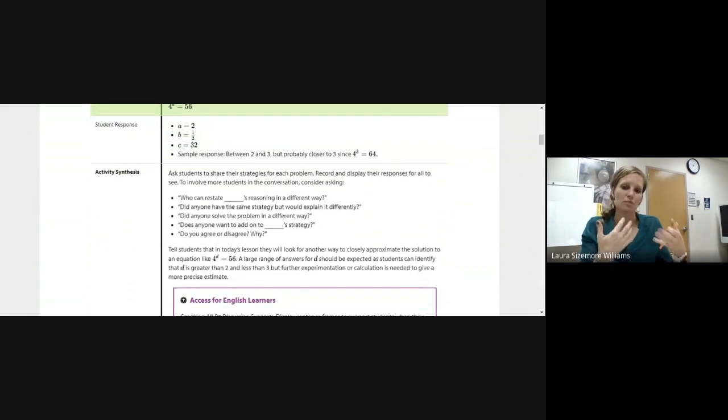But if you just follow the warm up, the launch, and the activity synthesis, it tells you specifically how to do it, presenting one number at a time, scaffolding for our EL learners or students with disabilities by giving them stickies if they're struggling with working memory and remembering all four numbers. And then questions that you can ask as a teacher to increase engagement and elicit more responses from students.